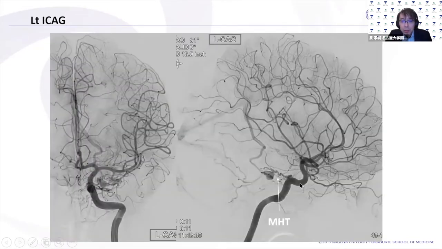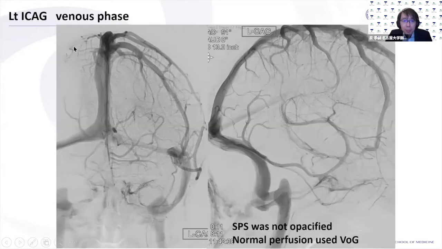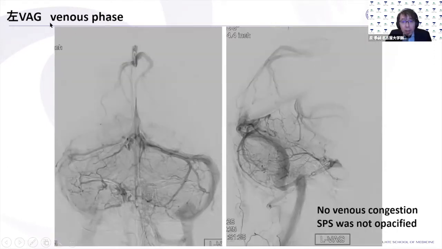Here the ICA in lateral view. Meningohypophyseal trunk is here, and the central artery goes to here. In venous phase, SPS was not opacified, and the normal perfusion used the basal vein and Galen fissure. Here the left VAG, venous phase, no venous congestion, and the SPS was not opacified.